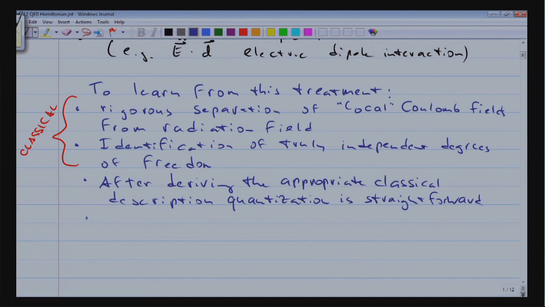There is one more highlight, if I want to say so, and this is a truly rigorous derivation of the electric dipole approximation.